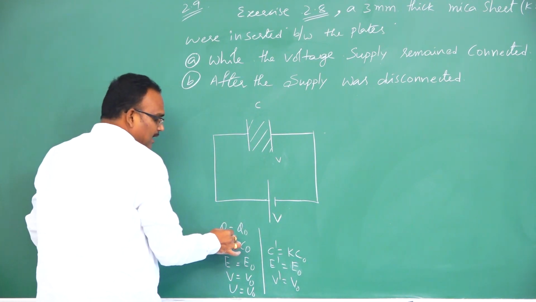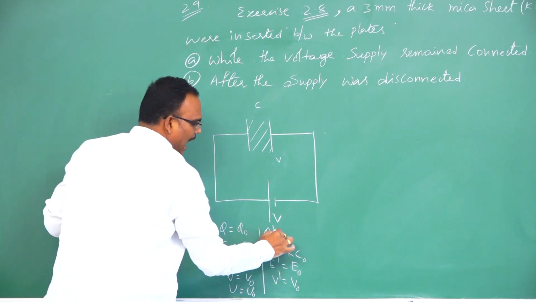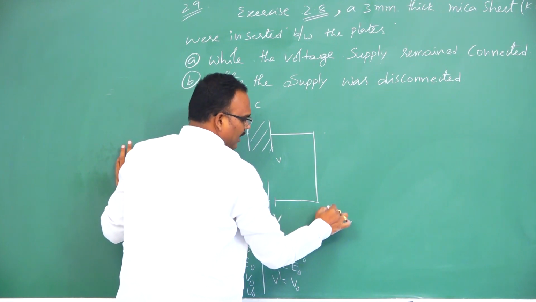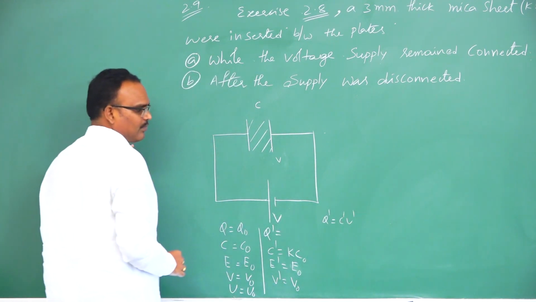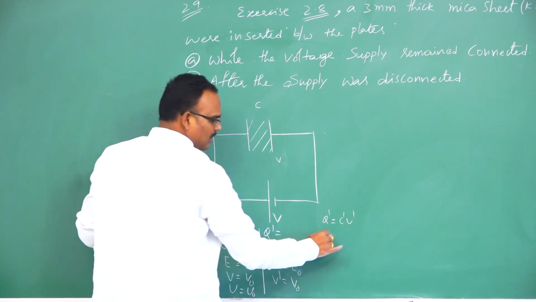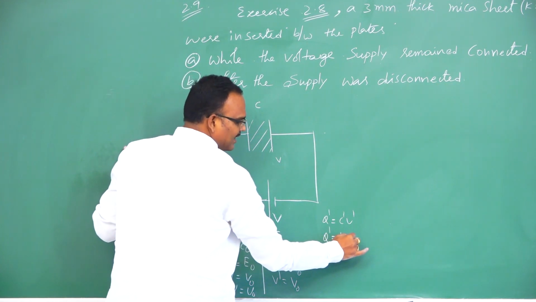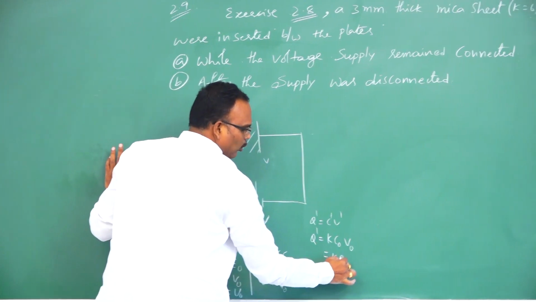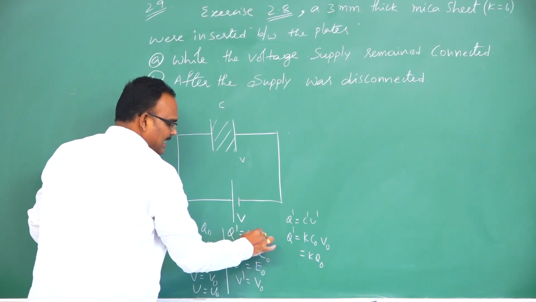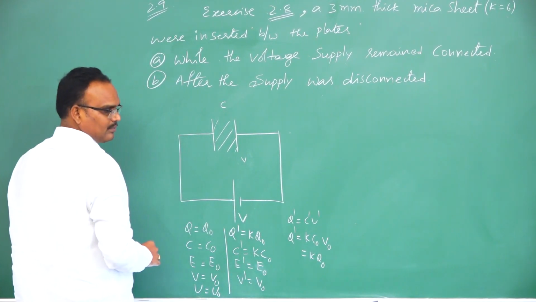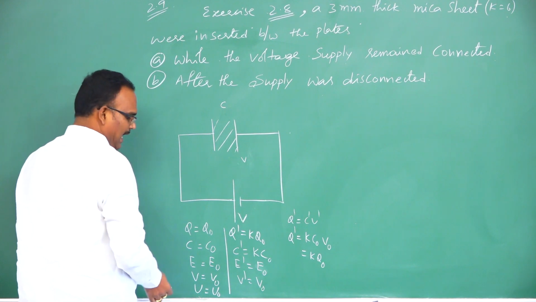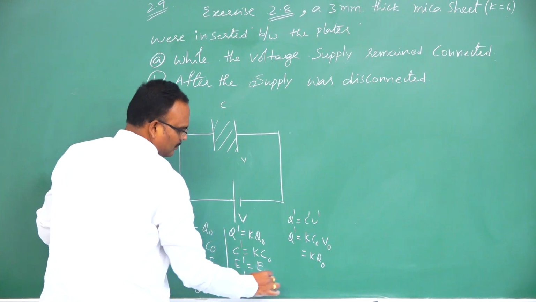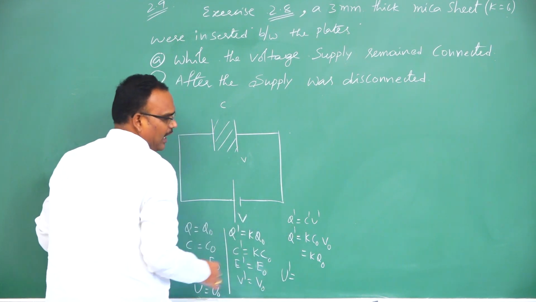Okay. What happens to charge? We can calculate: Q is equal to CV, so Q dash is equal to C dash V dash. C dash is Kc naught, V dash is V naught. That means this is KQ naught. So that's why charge increases by K times. Similarly, energy U dash I have to calculate.